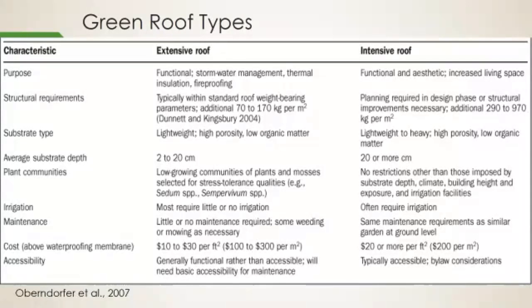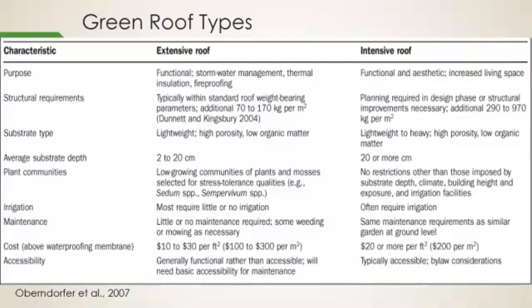And here's a nice chart, a quick rundown of the different features of extensive and intensive roofs. So real quick, the main purpose of extensive roofs is usually going to be functional. So we'll talk about the difference between functional, more utility green roofs that are more for the environmental and economic benefits, as opposed to amenity green roofs that are used for leisure and outdoor living space, activity, things like that.